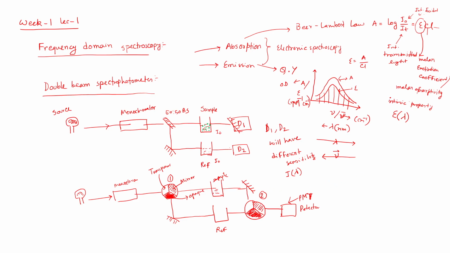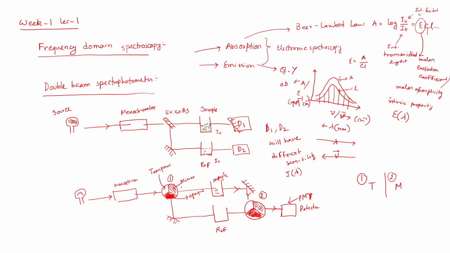So these two wheels are actually synchronized. Suppose for the first wheel it is transparent, so light will go through and hit the sample, right? And it is synchronized in such a way that on the second wheel there is a mirror part, so light will be reflected and go to the detector.